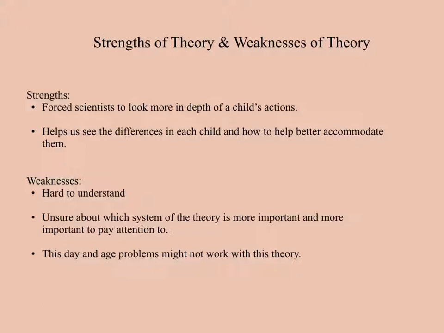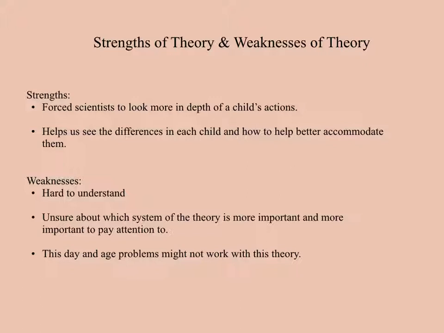And then it helps us see the differences in each child and how to better accommodate them. Each child is unique, right? And given their life events, this theory helps us know and understand that, as well as to accommodate a child's learning or social capabilities.